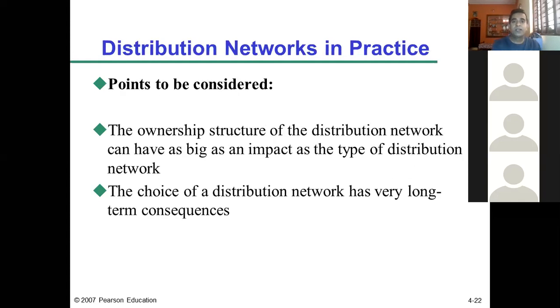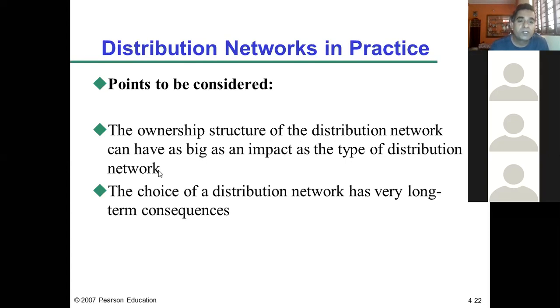Then, distribution networks in practice. These are points to be considered by the company. The ownership structure of the distribution network can have as big an impact as the type of distribution network. For example, consider a traditional distribution channel: manufacturer, wholesaler, retailer, and customer.